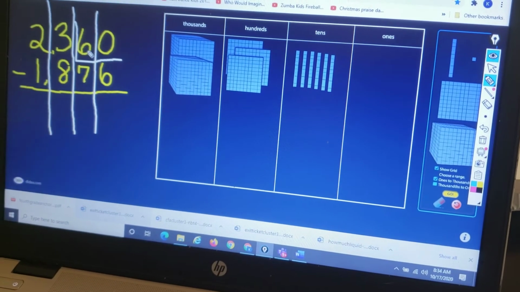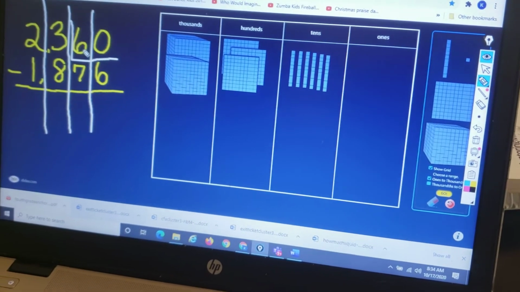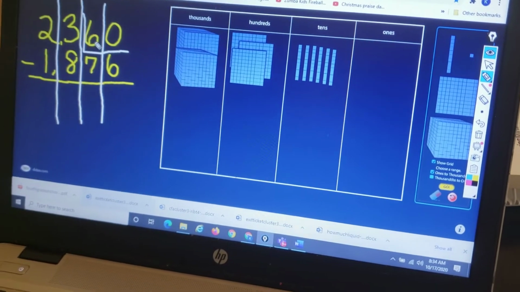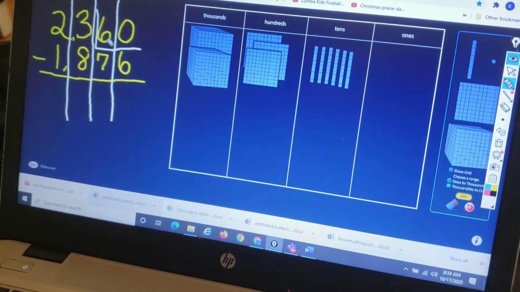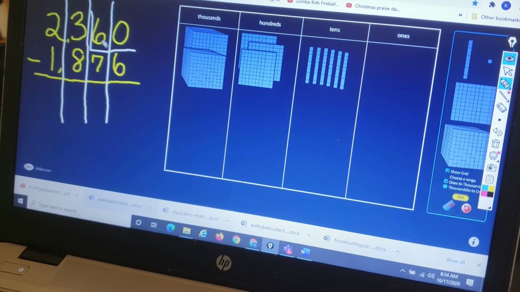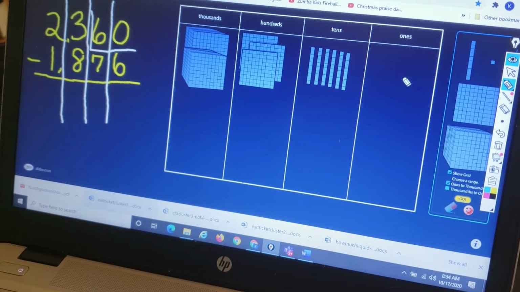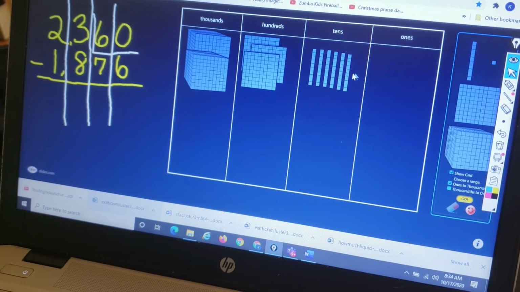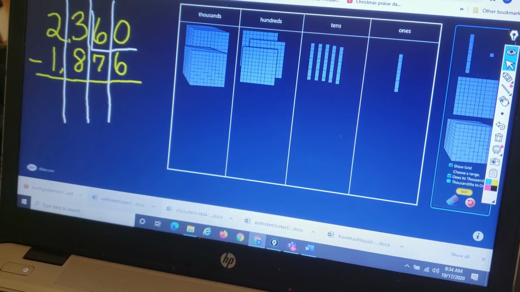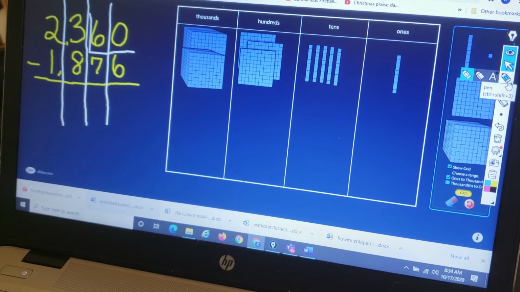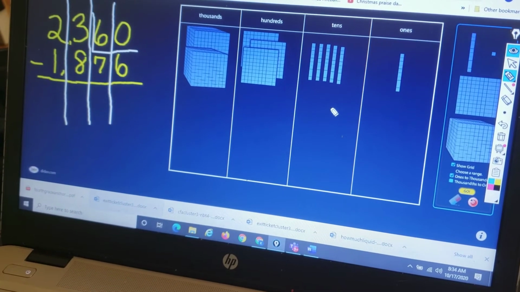Remember, the numbers get bigger as they go to the left. So the 0 in the ones place doesn't mean the woman doesn't have anything. She has money. It's just that in the ones place there is nothing, but we do have tens and we can share. So what I'm going to do here is put a 10 in the ones place. Does she still have $60? Yes.